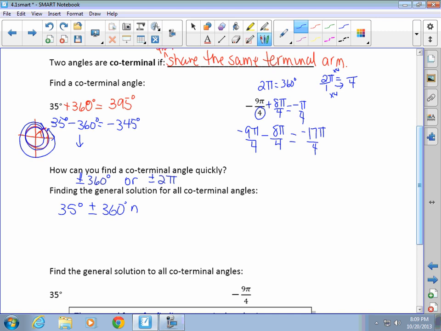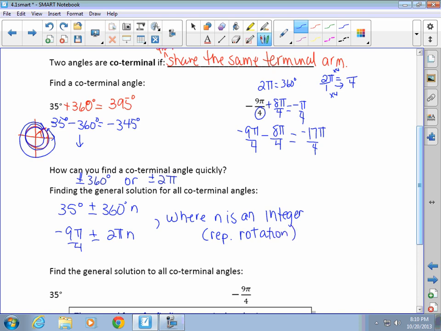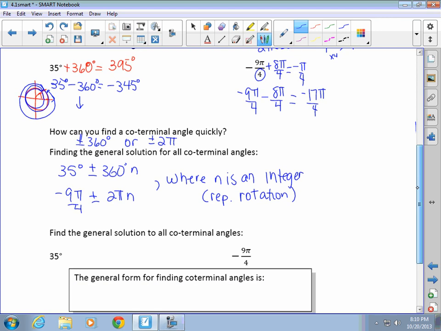For my radian example over there, my negative 9 pi over 4, I could have added or subtracted 2 pi n and gone around however many times I want. So n is an integer, and it's just representing your rotations, how many times you go around.